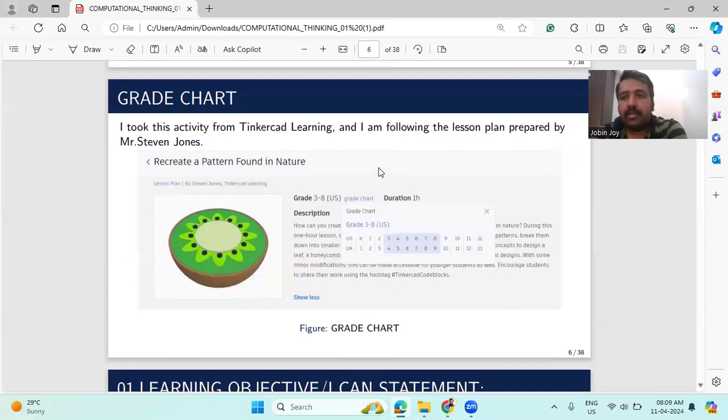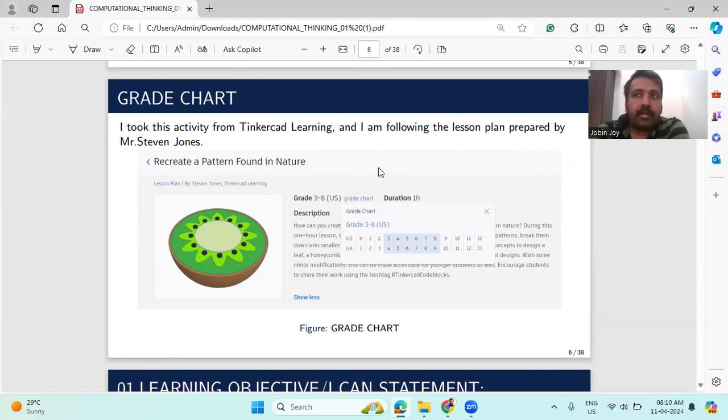Coming to the grade chart. I already mentioned I took this activity from Tinkercad Learning, a platform managed by Autodesk, a multinational American company.